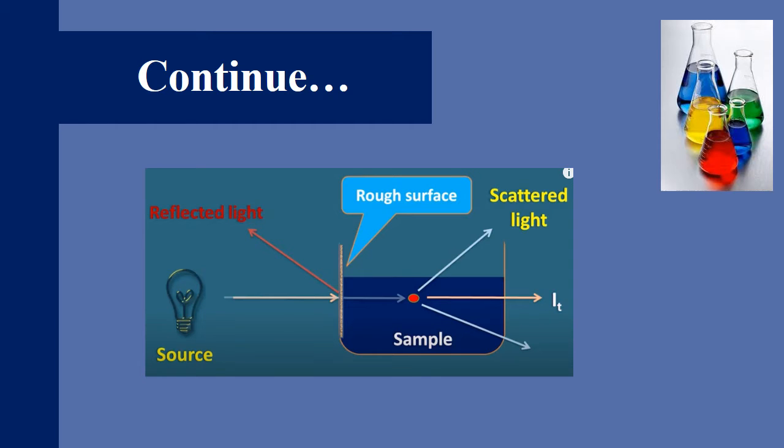But within the process, we can also observe additional interference steps, and here the sample is going to be placed in the sample cell, and suppose this cell has some rough surface.